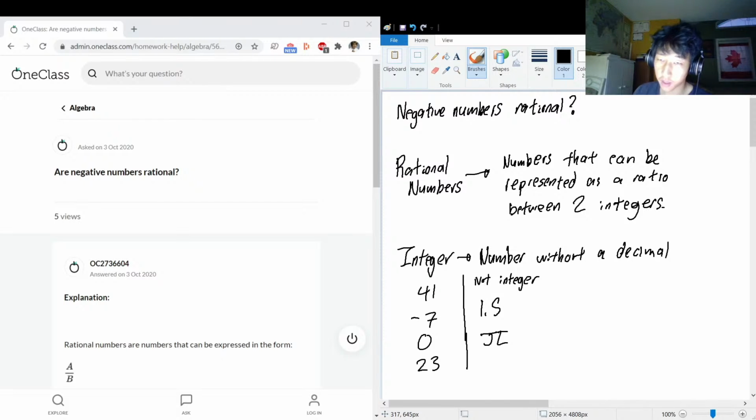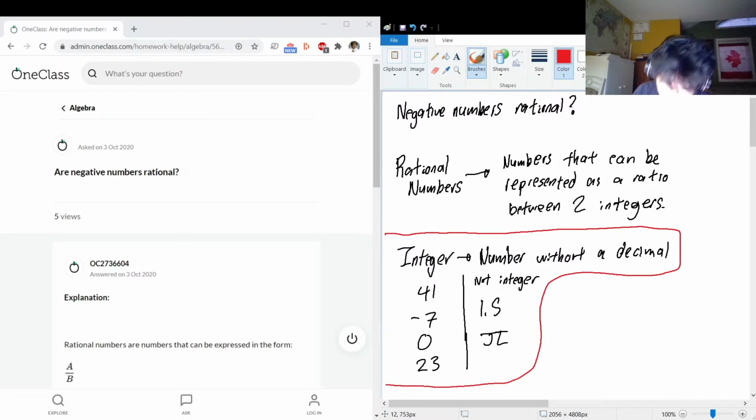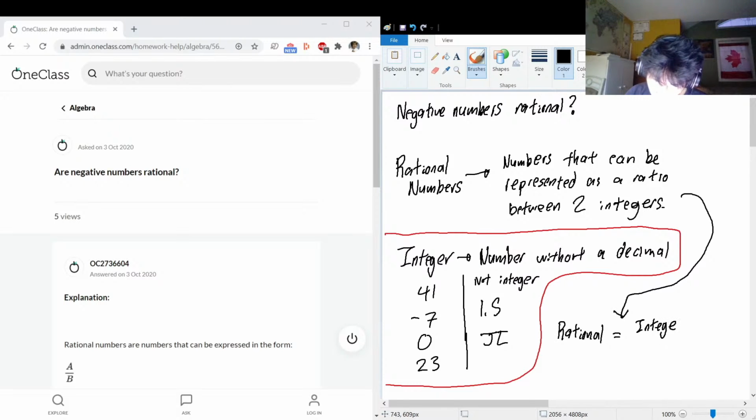So if a rational number can be represented as a ratio between two integers, a rational number is basically just something where you're able to find rational is equal to integer over integer.